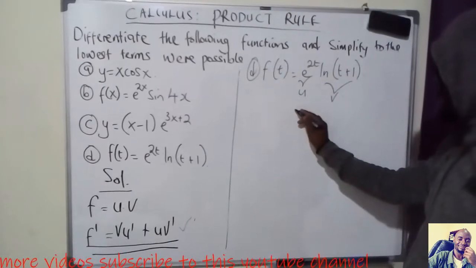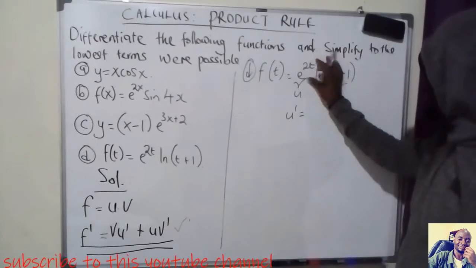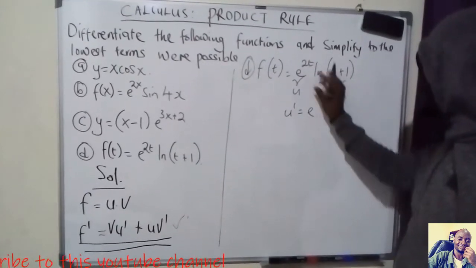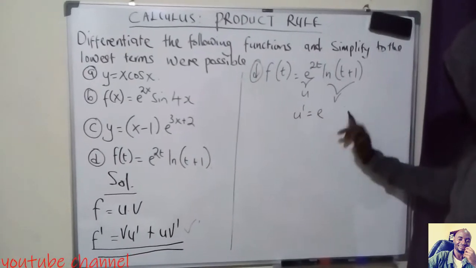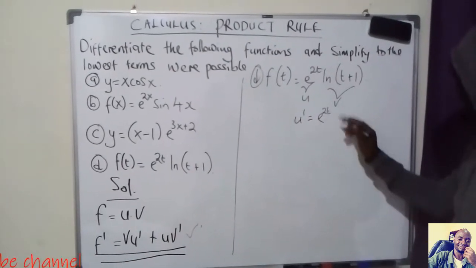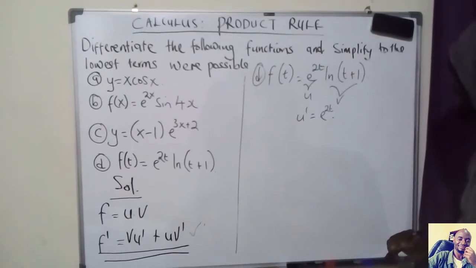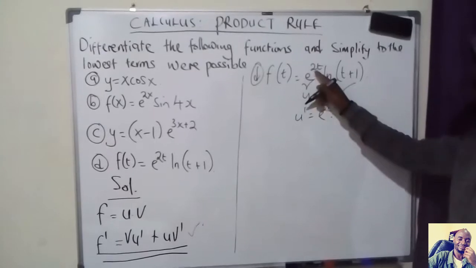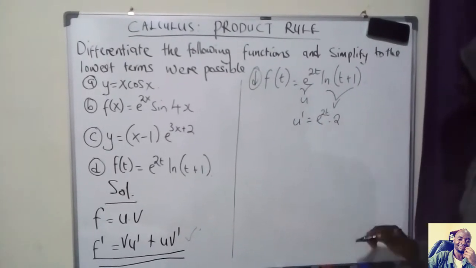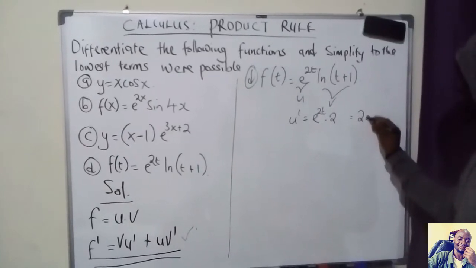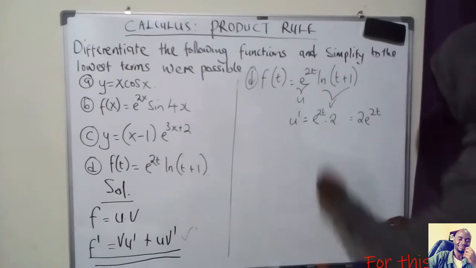So u prime will be equal to, when we differentiate this one, remember the derivative of e remains the same, but again you have to differentiate the power, which you have to multiply here using what we call chain rule. So the derivative of 2t with respect to t, we get 2, and this will be 2e^(2t).